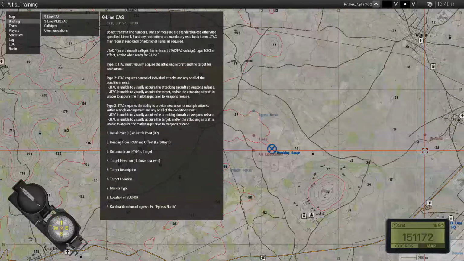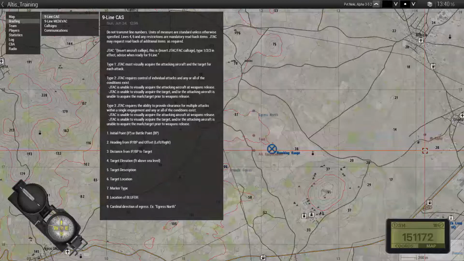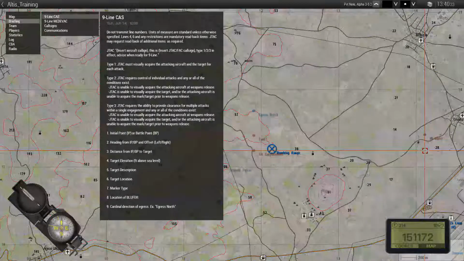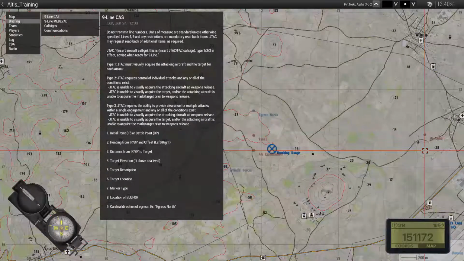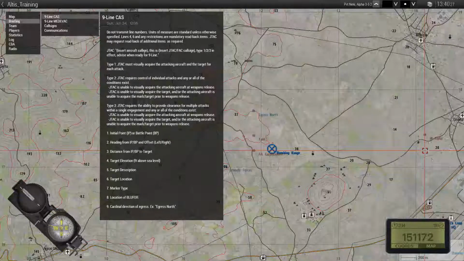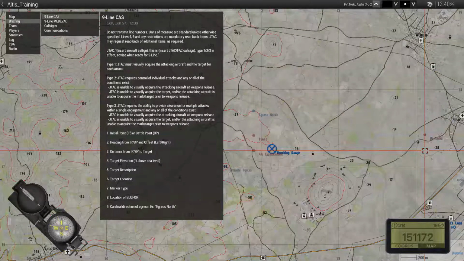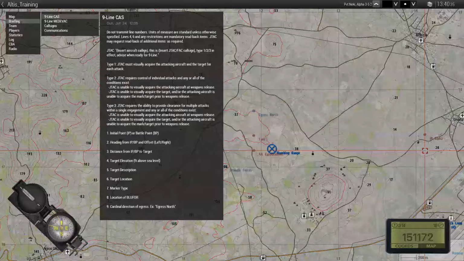Target elevation. You need one of those watches to get an idea, but it's basically for if it's at night or fog, so that he doesn't plow his airplane into the ground trying to blow the tank up. Target description is just super simple: tank or truck or squad of enemy troops.